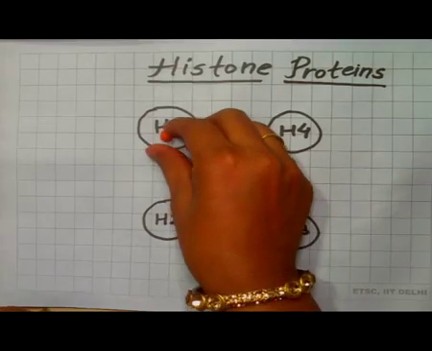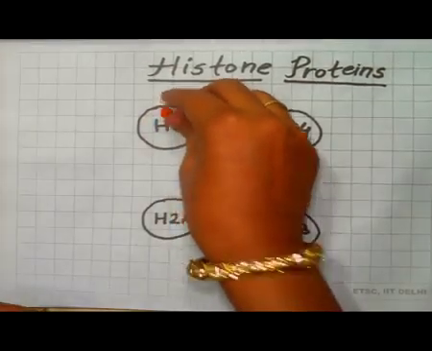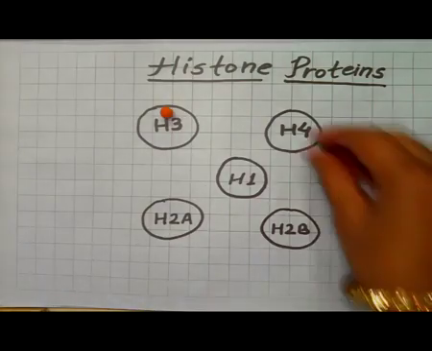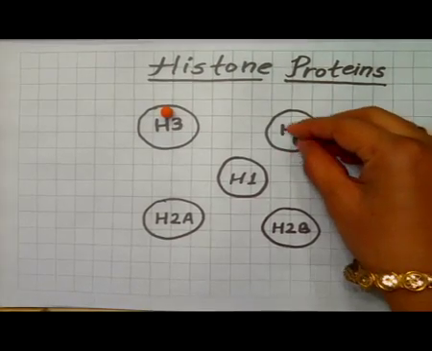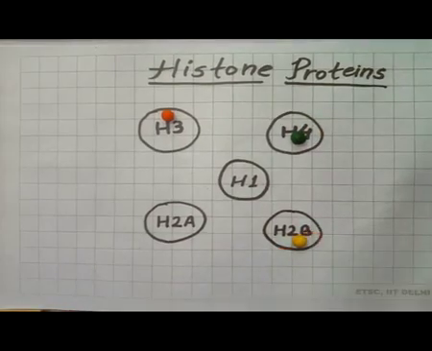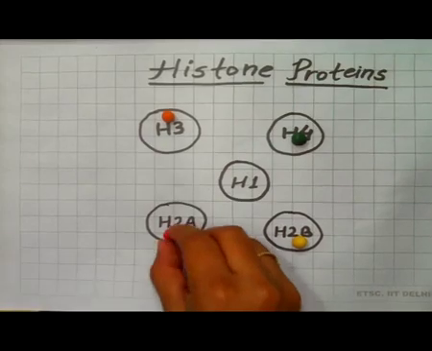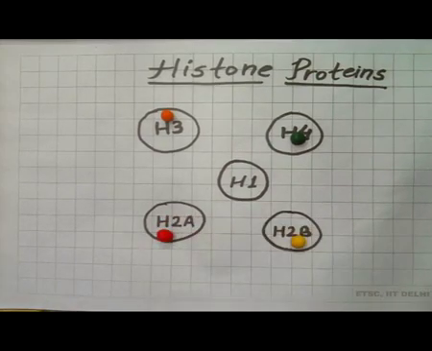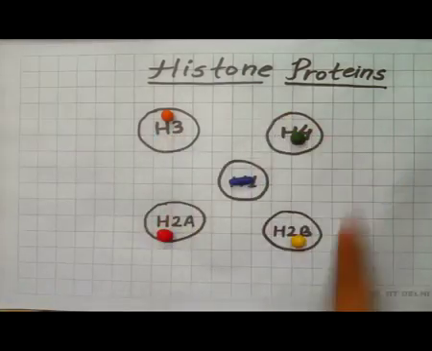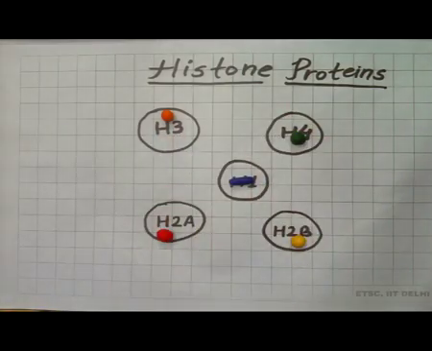Suppose this is the H3 protein, this one is the H4 protein, this one is the H2B protein, this one is the H2A protein and this one is the H1 protein. These are the 5 types of histone proteins which help in the packaging of DNA.